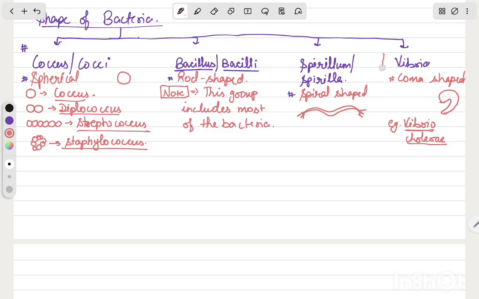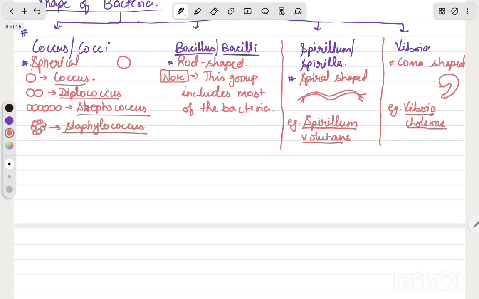An example of spirilla is Spirillum volutans. These examples are not that important. You need not learn all the examples of the category.